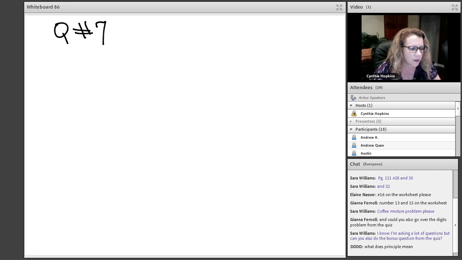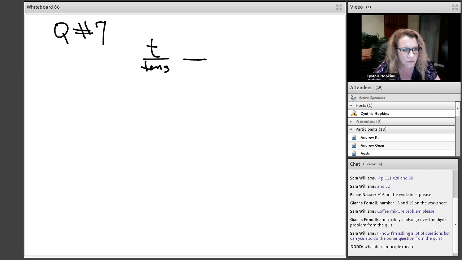Okay, there's more than one way about going about a digit problem. This is the way I do it. All right, so I'm going to write my 2 lines, and I'm going to use T for tens and U for units. Now I know on the quiz they talked about the ones digit.